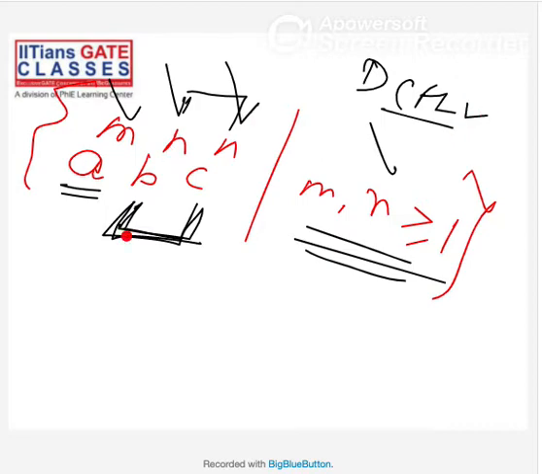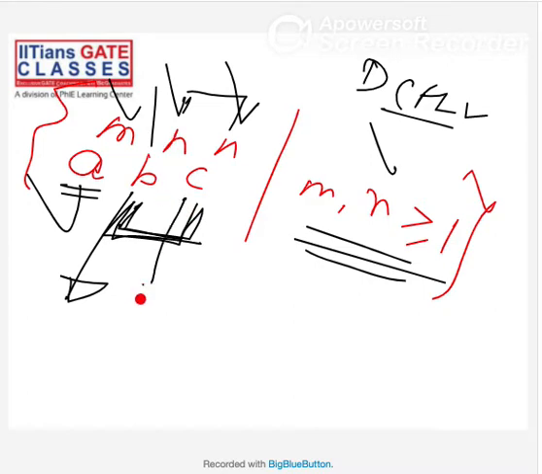Why? Because push and pop are clear. Initially, if you see any number of a, you will just skip, keep on skipping. As soon as you see the first b, you will start pushing.